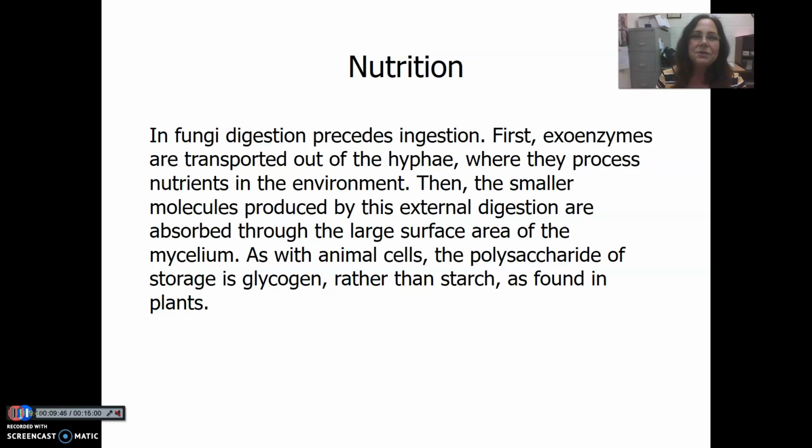As far as nutrition, we know fungi are heterotrophs. Animals and humans ingest their food, they eat their food, and then it enters the stomach and the intestines and is digested. In fungi, the digestion part comes first, because they don't have a stomach, and then they ingest by absorbing the digested food from the environment.